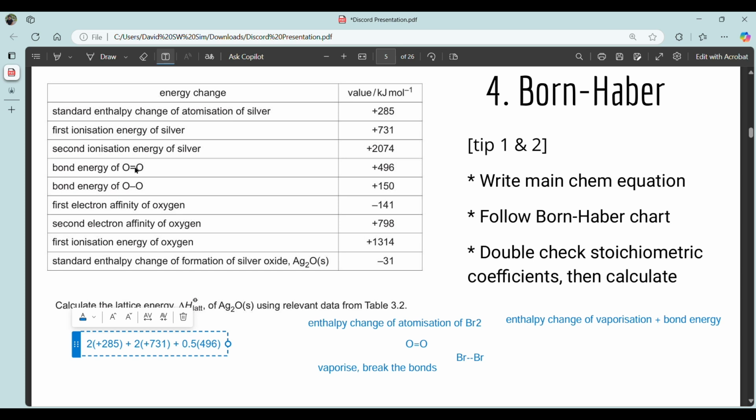Why? Because the energy put in to break this double bond gives us 2 oxygen atoms, but we only need 1. So the only way is to divide 496 by 2. Alright, get it? So Roy, did I answer your question?